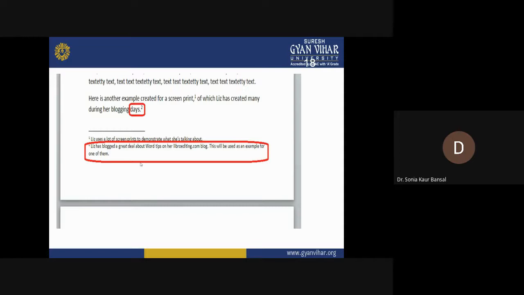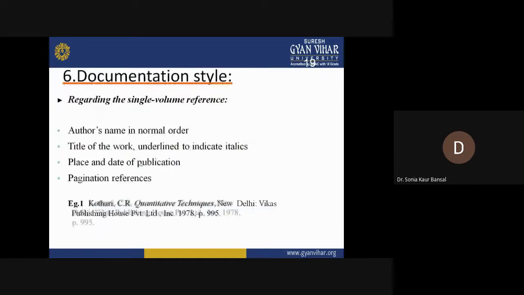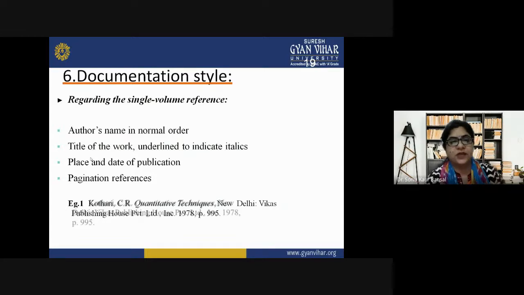All right, students. Now, documentation style. Regarding a single volume reference, documentation style must be there. Author's name in normal order must be given. Title of the work must be properly given, underlined to indicate italics. Place and date of publication must be there. Then pagination references must be given.